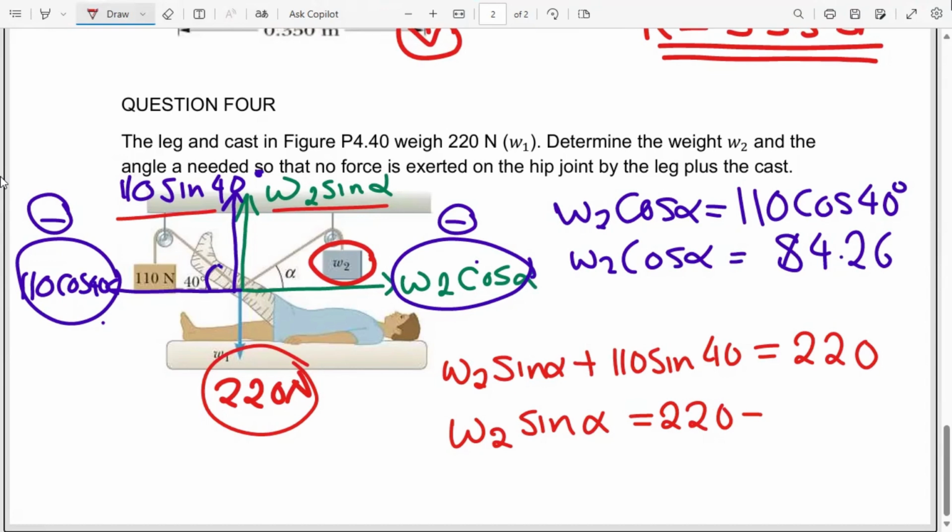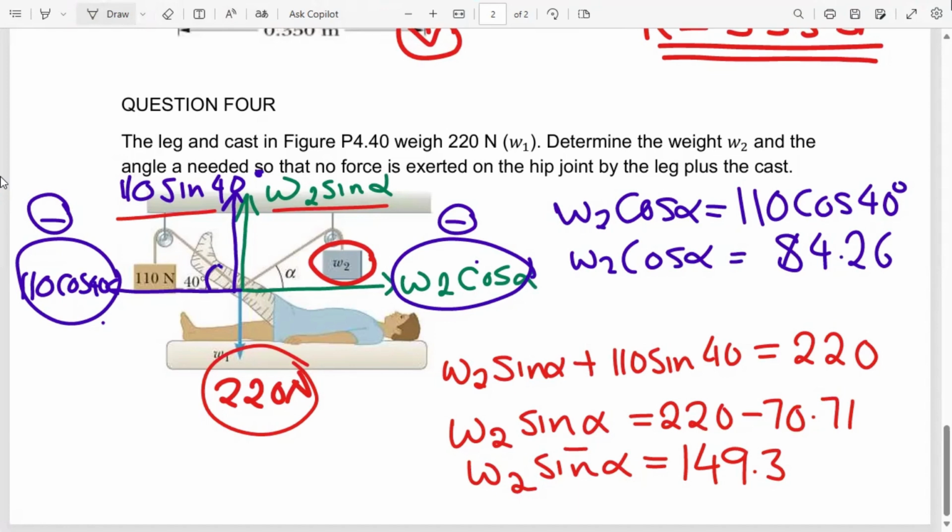Let me plug in 110 sine 40 into my calculator. Sine 40, okay, this is 70.71. So W2 sine alpha is equal to 220 minus 70.71. This is giving me 149.3.